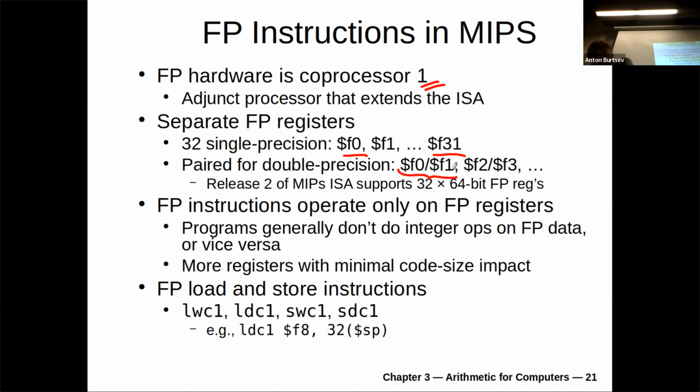Essentially F1 was paired with F0 to represent a single double precision number. So if you wanted to use an instruction which operates on a double precision number, you would provide F0 as an operand, but implicitly it assumes that F1 is loaded with the second half of that number.